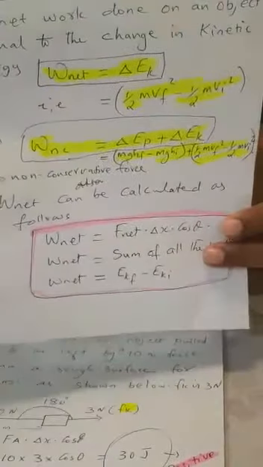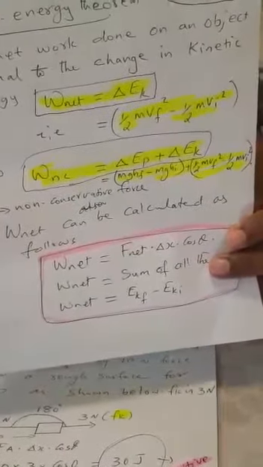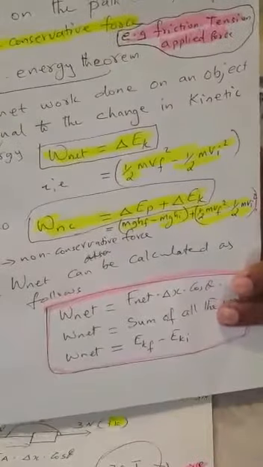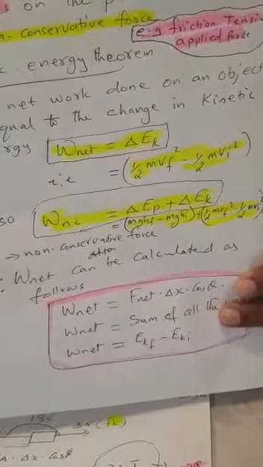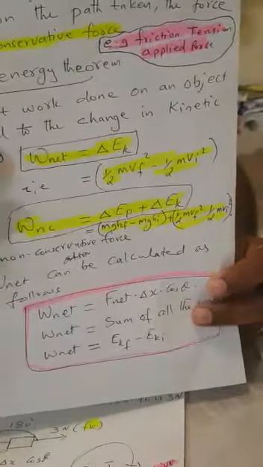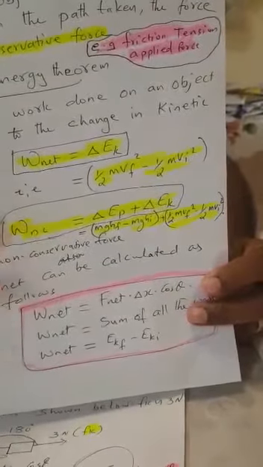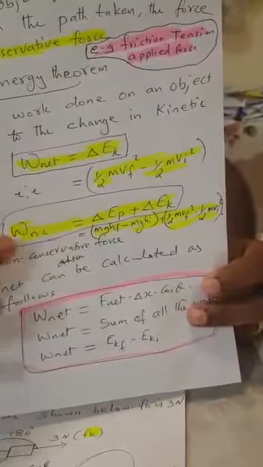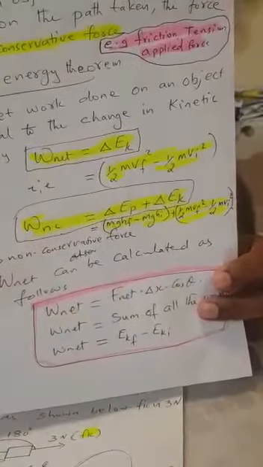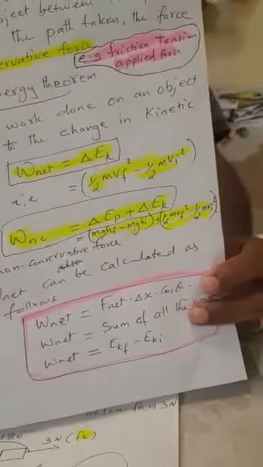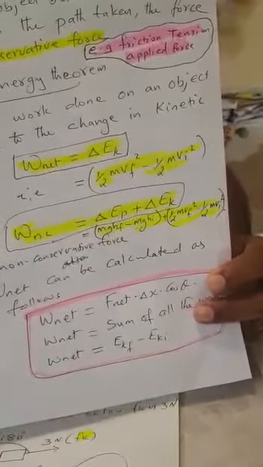Then also work done by non-conservative force can also be considered as a work energy theorem. But when you define it, you only talk about kinetic energy. For calculation purposes, we can also use W NC, where the subscript NC stands for the non-conservative force.